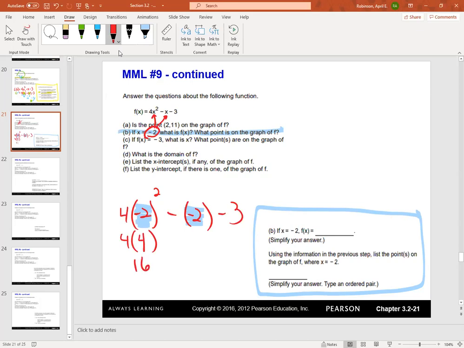So that's 16. When you subtract a negative, you're really adding a positive. So that's 18, and then 18 minus 3 is 15. So when x is -2, remember f of x is really your y coordinate, that's 15. And they want you to type that as an ordered pair. So -2, comma, 15.